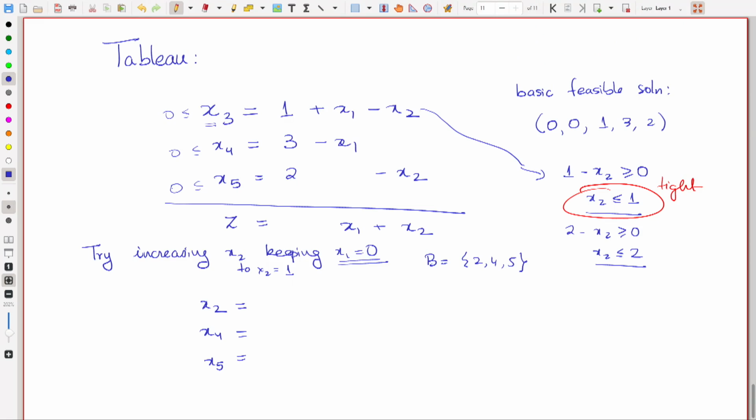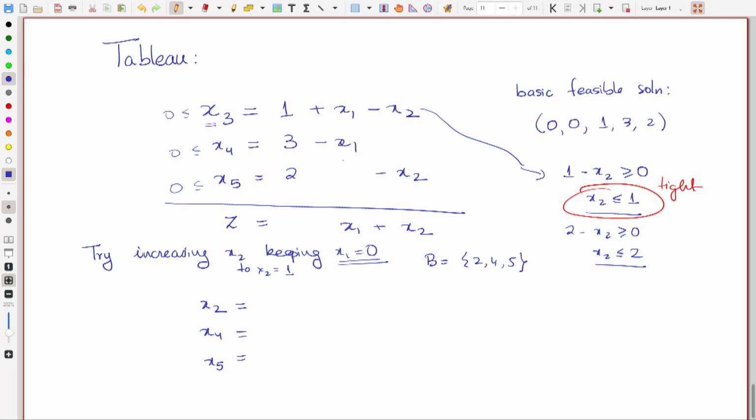What you do is you choose one of the variables which you want to increase. If you have a positive coefficient in the objective function, then each of these constraints, x3 greater than or equal to 0, x4 greater than or equal to 0, x5 greater than or equal to 0, tells you how much you can increase x2. In this case, the first constraint says that x2 can be increased up to 1.